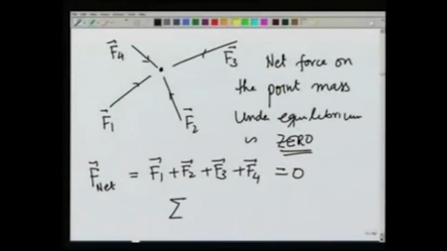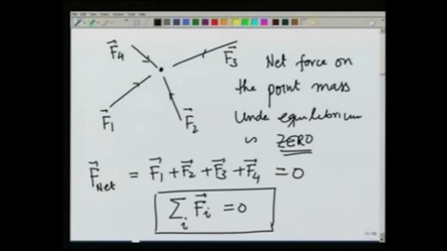I should have one condition: summation over i of all forces is equal to 0. This is one condition for equilibrium. So, there could be more than 4 forces in all sorts of directions. The sum of all that must be 0 in order for the point mass to be in equilibrium.